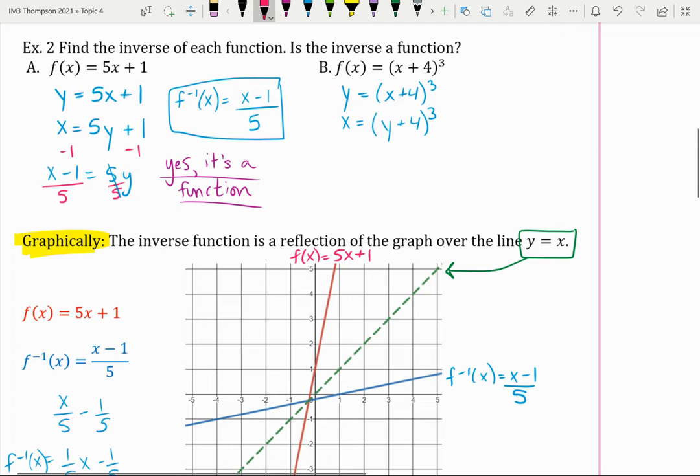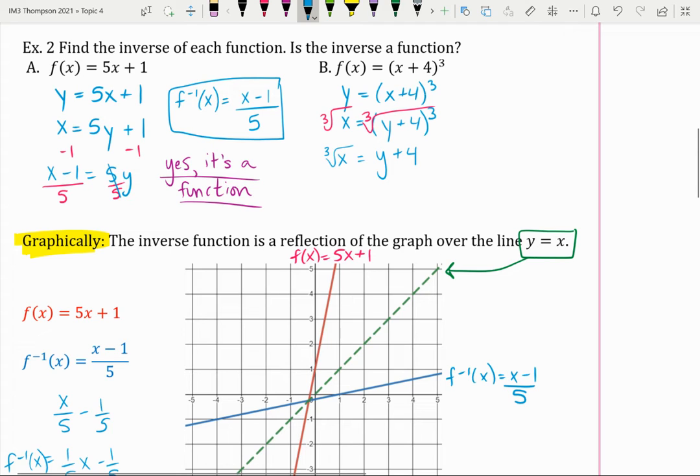When solving for y, it's important to use our order of operations. I need to start on the outside and work my way in because I've got some parentheses. So the first thing I'm going to do is I'm going to take the cubed root of both sides. The cubed root of y plus 4 cubed is just y plus 4.